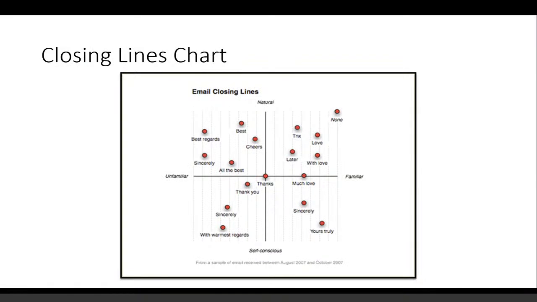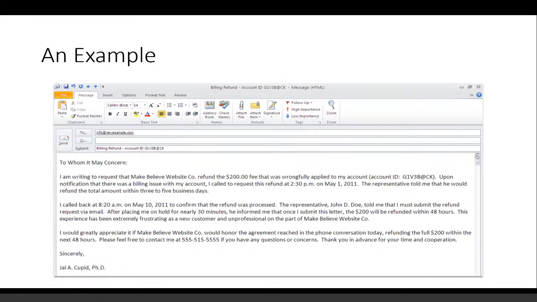Now we have another example here that I'll put up on the screen. It's a long email. In my seated classes, I like to try to read this just for a bit of fun, but I'll let you pause this and read it yourself a little bit later. This is just an example of a good email.